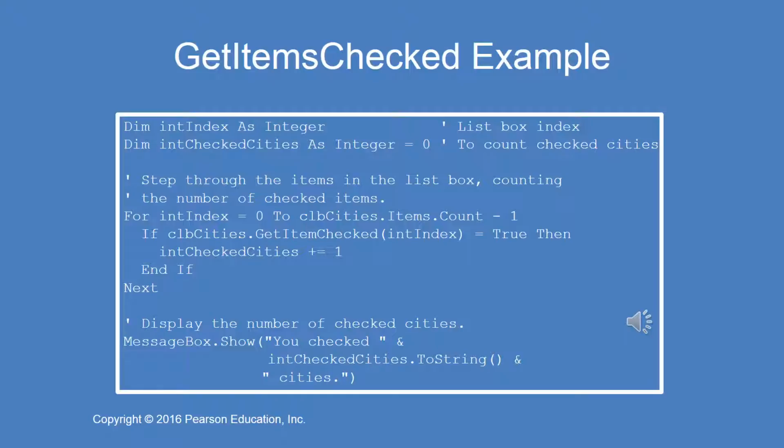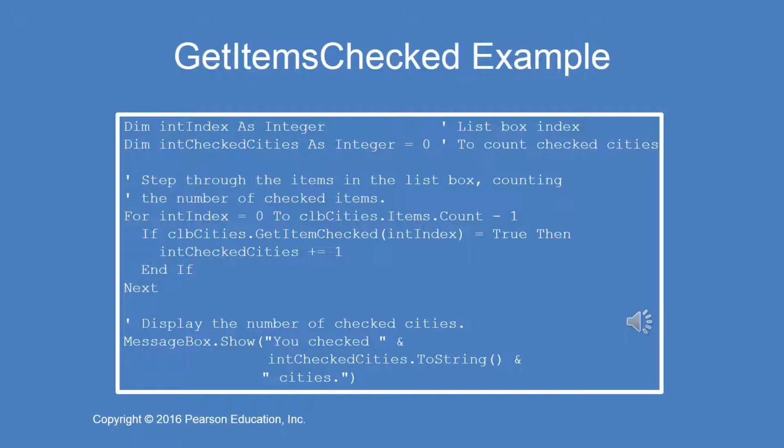Here we have a coded example that includes both a loop and the GetItemChecked method. So let's walk through this. Okay, we're declaring an integer index that will be used to specify the index of the list box.